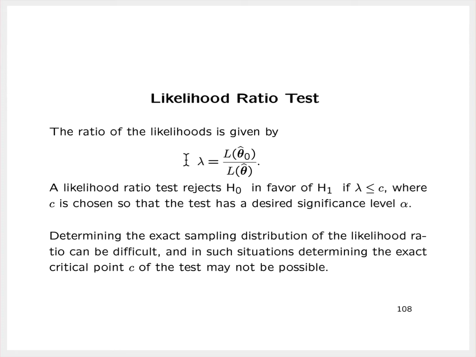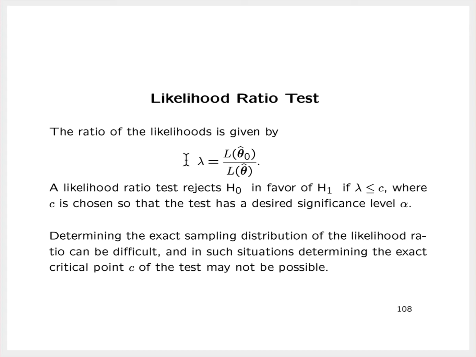Now, let me just stop here for a second and say that's a little bit unfortunate because we've been using lambda to represent the characteristic roots of the covariance matrix. So what we have here is a clash in our notation.